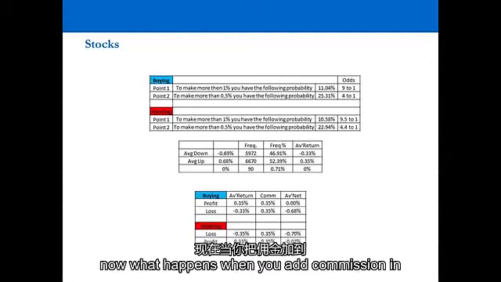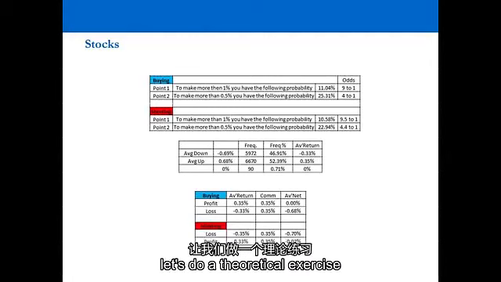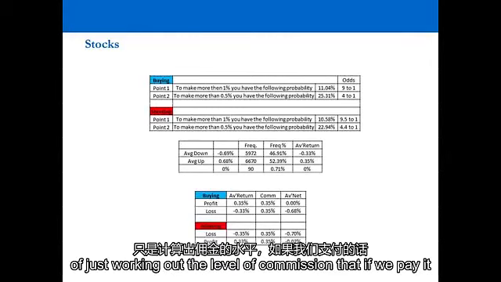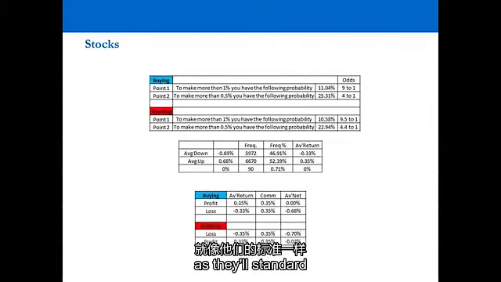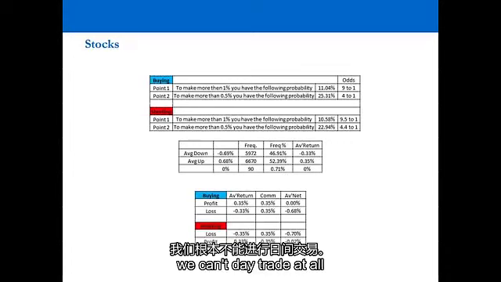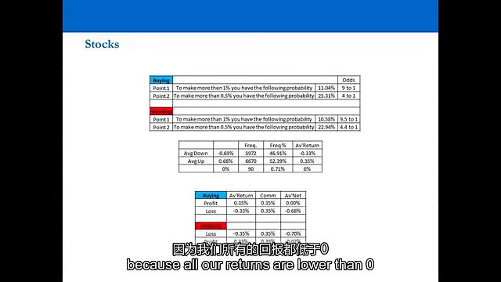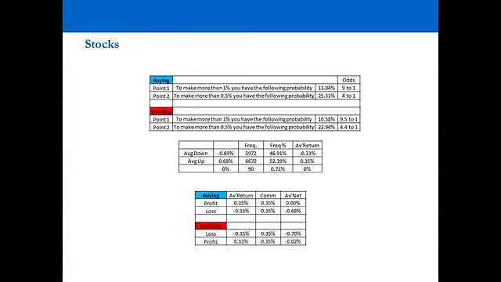Now what happens when you add commission in? Well, let's do a theoretical exercise of just working out the level of commission that if we pay it as our standard rate, we can't day trade at all because all our returns are lower than zero.